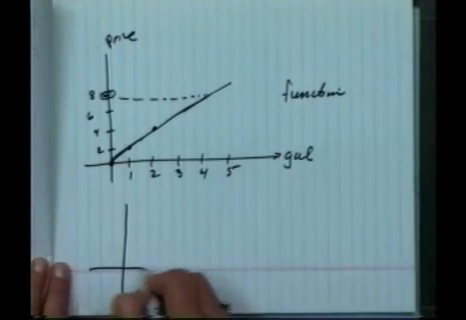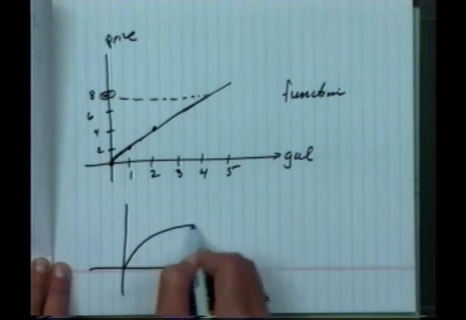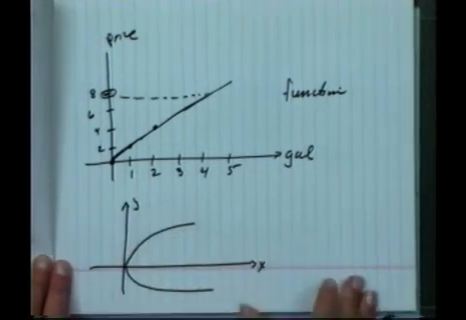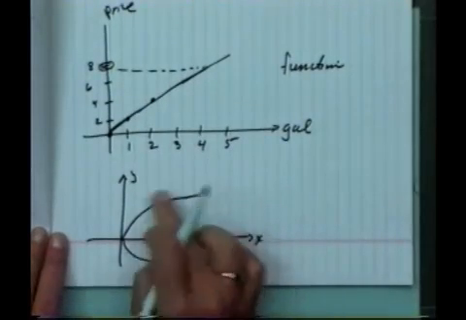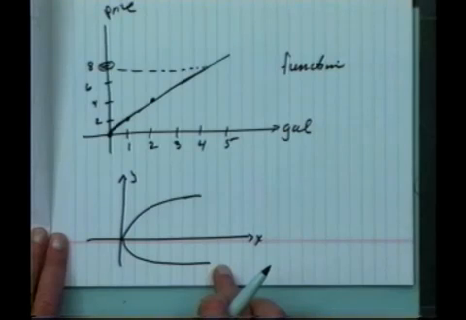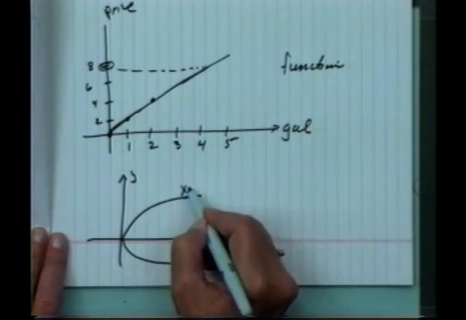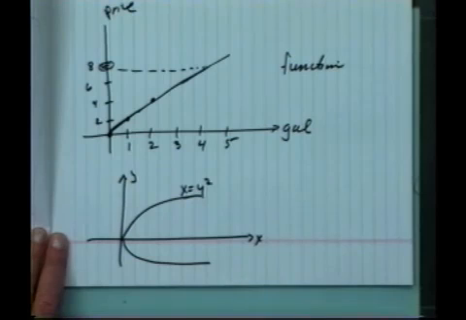A relation could be like a sideways parabola. This is the x-axis. This is the y. Anybody want to tell me what the equation for this parabola is? I'll give you, x is equal to y squared.